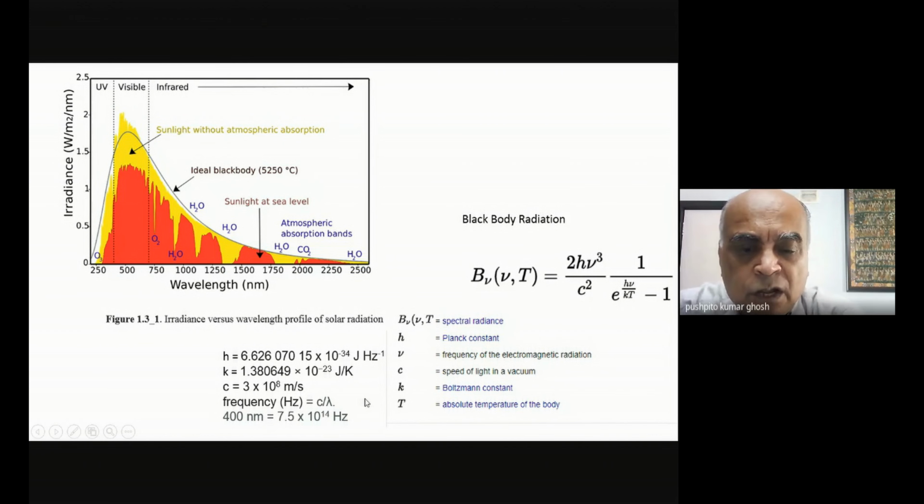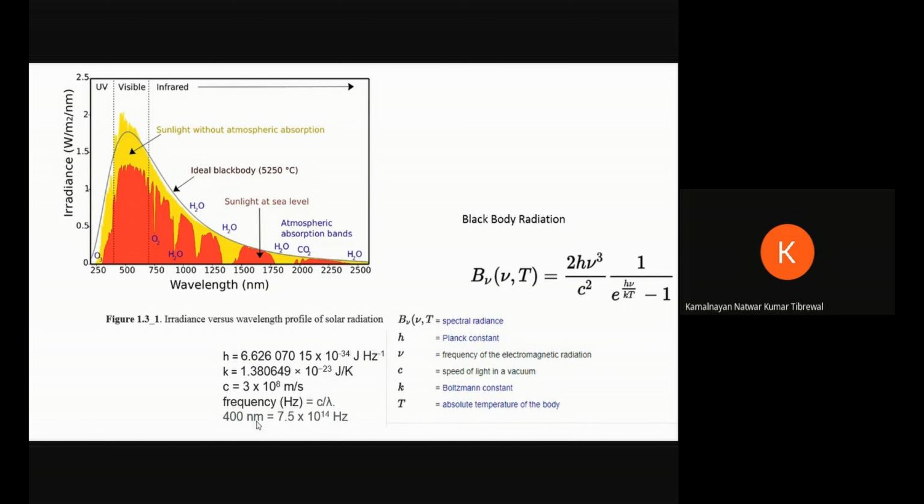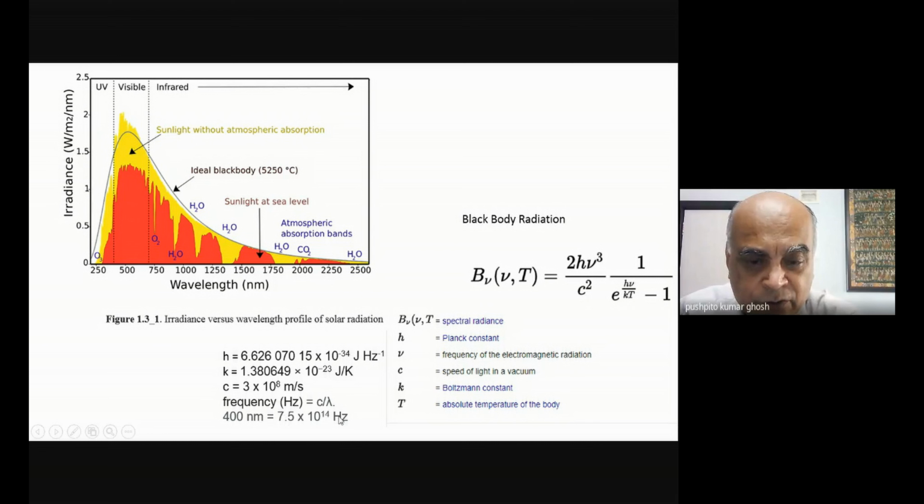Just work it out and see if you're getting this frequency. I just calculated it. c is 3 × 10^8 meters per second, so about 7.5 × 10^14. That's what I've written, right? So you're getting it, right?